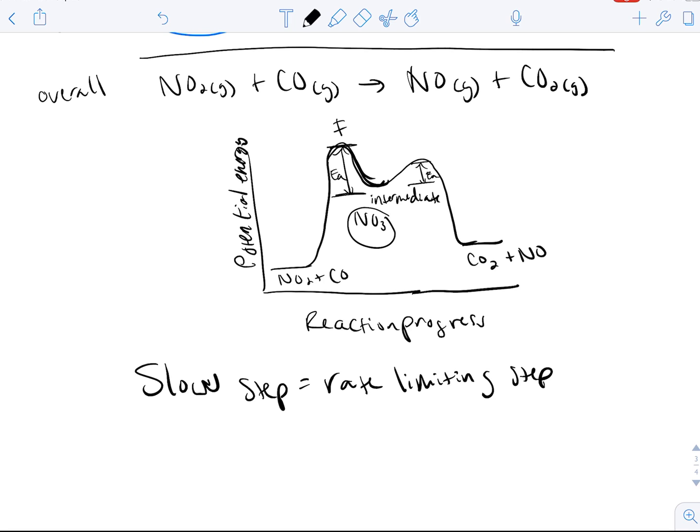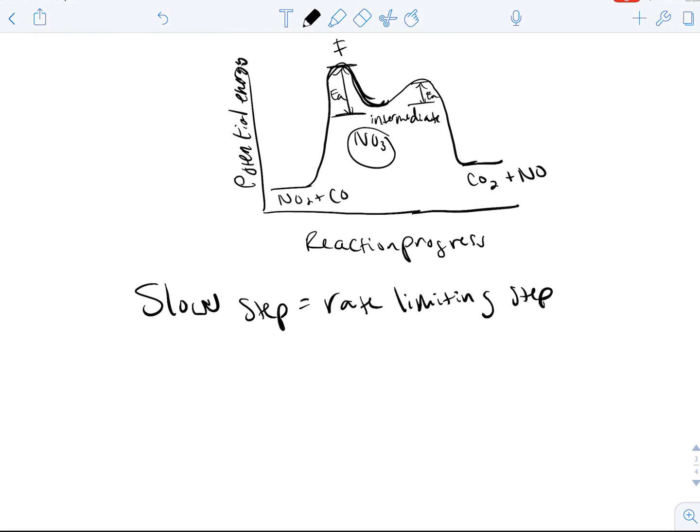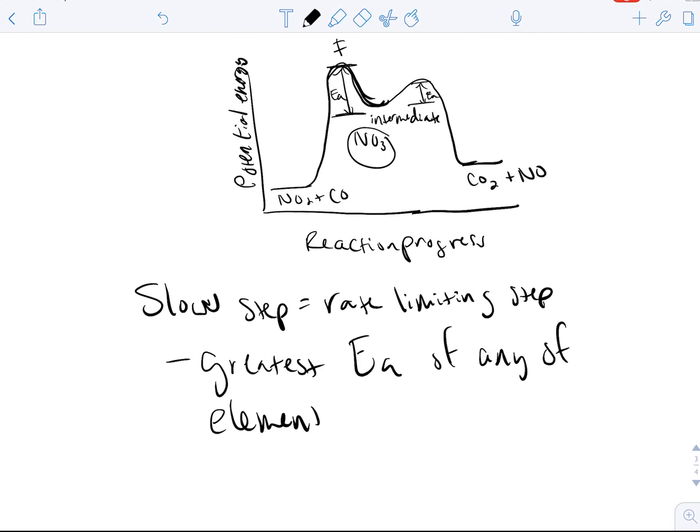So it will determine how long our reaction takes. Okay. It's going to have the greatest activation energy of any of the elementary steps. And it's going to slow the reaction and determine the rate.